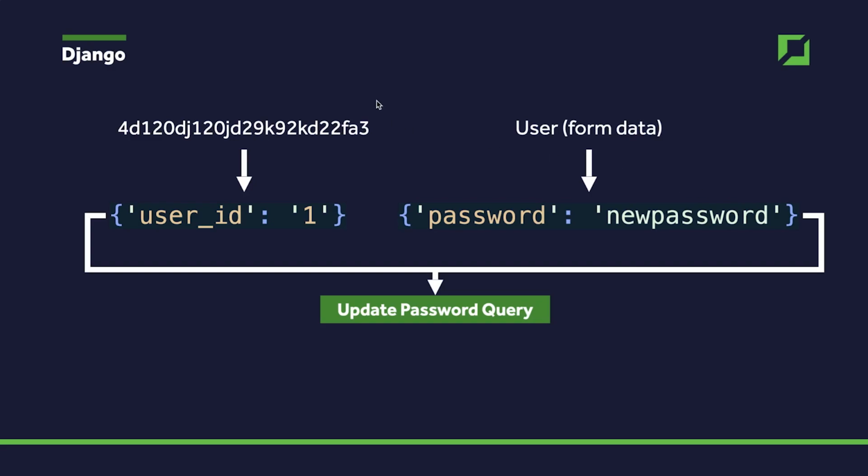But in addition to that, we can also capture this signed value, and then we can unsign this value, which would allow us to return the original value. So we now know what user we need to update. What we have now is a way of adding the user ID and the new password into a query so that we can update the correct user's password.